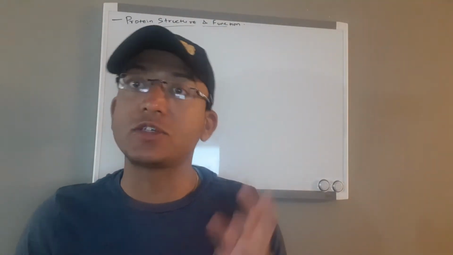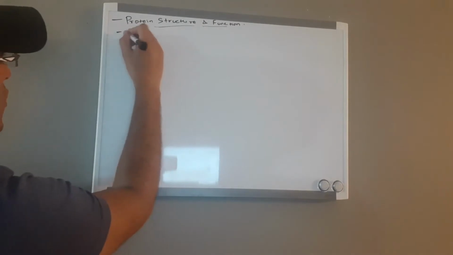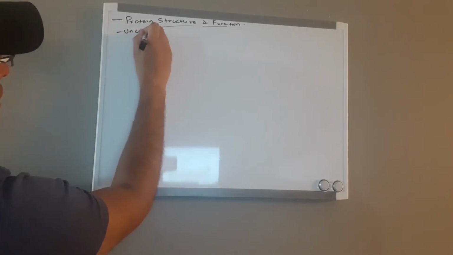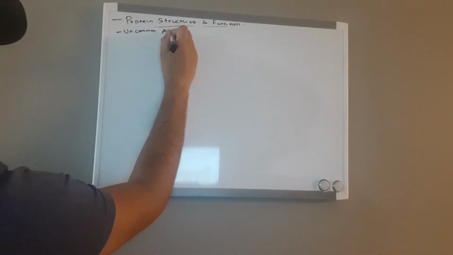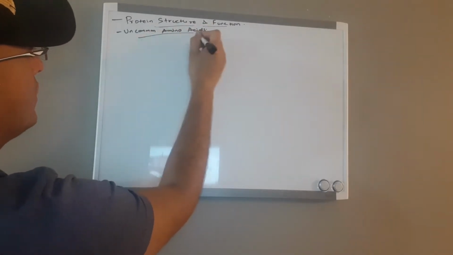The common amino acids are these 20 amino acids, from which proteins are built, but there are uncommon amino acids as well, and their functions are also very important.